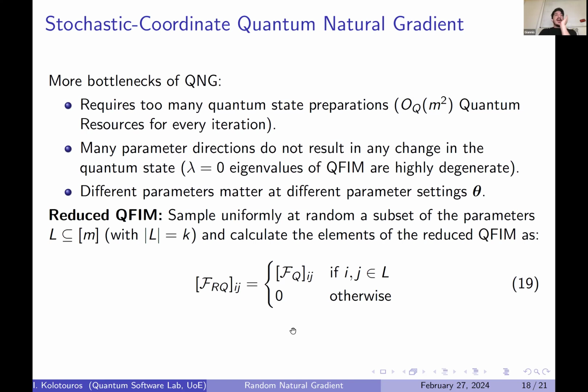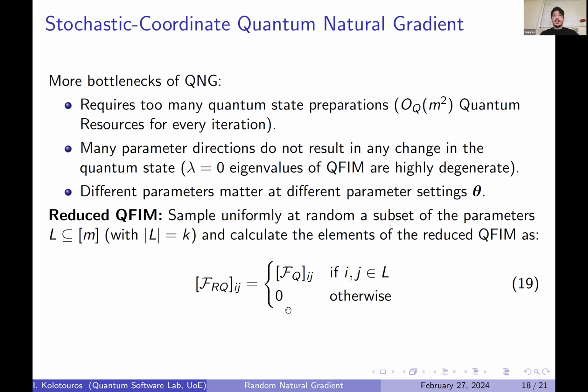So we were inspired by stochastic coordinate methods from the classical literature, where instead of optimizing all of the parameters in your quantum circuit, you sample at random a subset of the parameters and then optimize only this subset. Of course, we took it a bit further and said, okay, what if we calculate the reduced quantum Fisher information, which is the quantum Fisher information only on that subset?